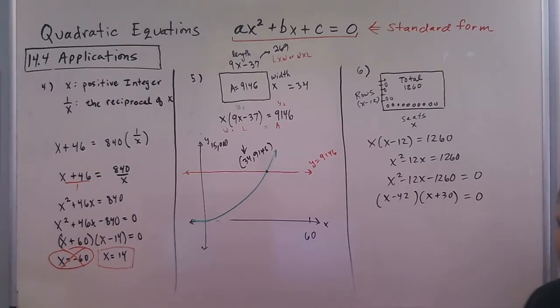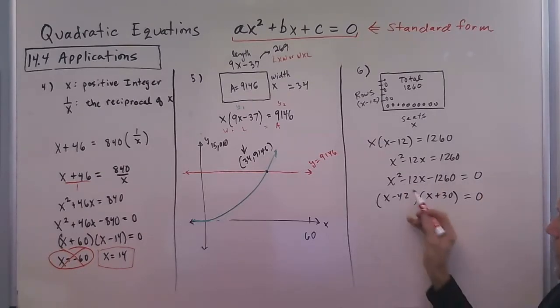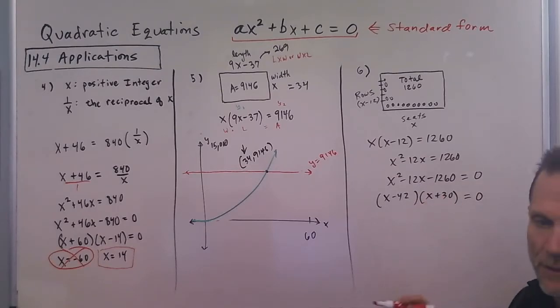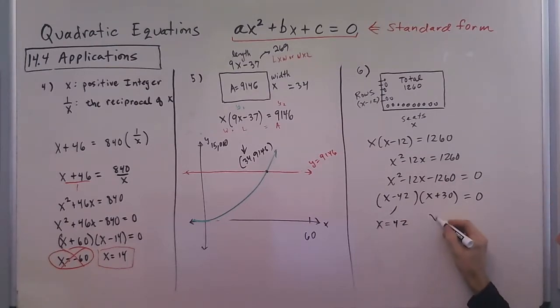Well, manipulating this a little bit, we can get it into standard form, and then we can put this into the quadratic formula, or in this case, we get that it's factorable, and we find out that x equals 42, and x equals negative 30 from these two binomials.